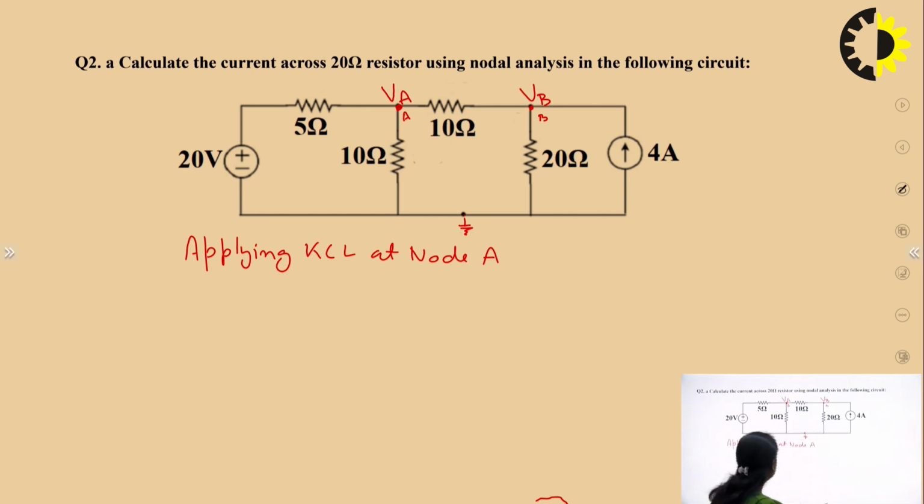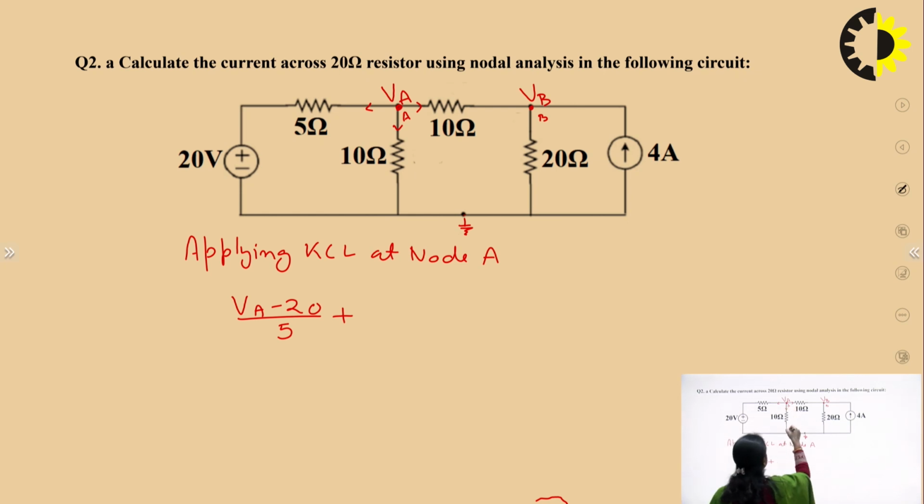As I am applying KCL at node A, I will assume that my node A is at higher potential. What does it mean? It means that all the currents are going outward from this node. So for this particular branch, I will write VA minus this 20 volt divided by this resistance 5. This is this branch current. So this branch current, then plus.